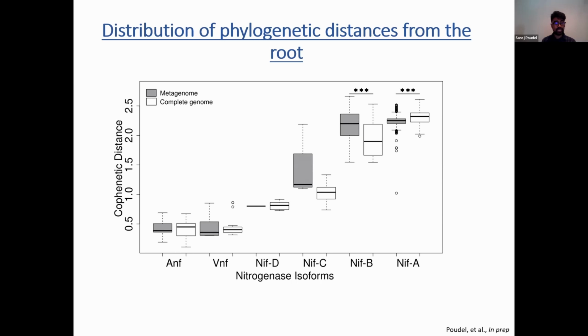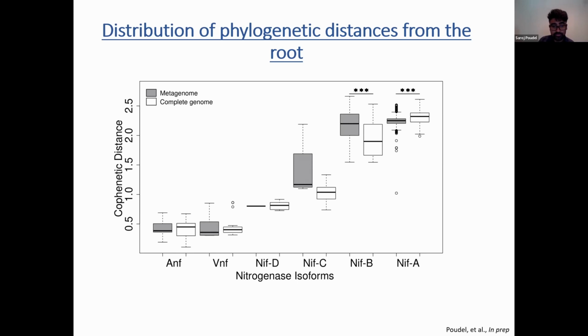Looking at ANF, it hasn't really diversified as much from its ancestral nitrogenase, and the same for VNF. I've divided this into metagenomes and complete genomes. The complete genomes data is from my last study, and the metagenomes are from this study. So ANF and VNF haven't really diversified as much.